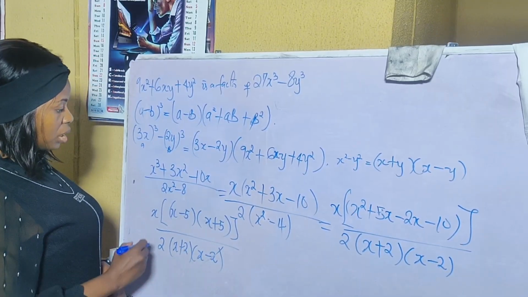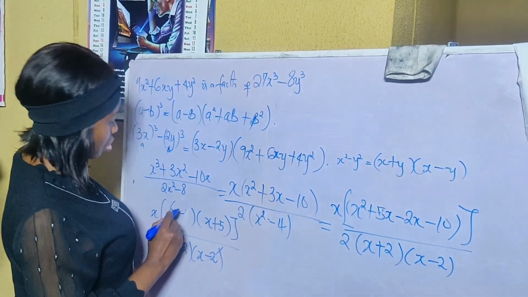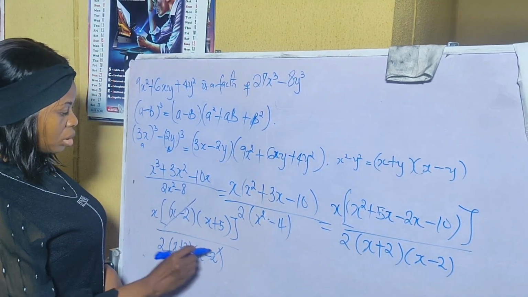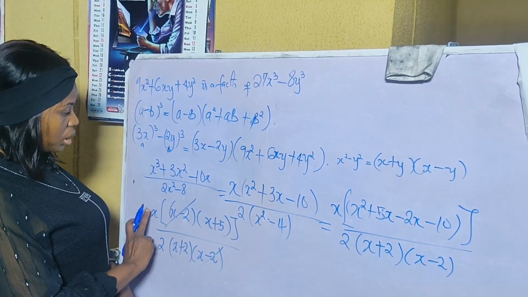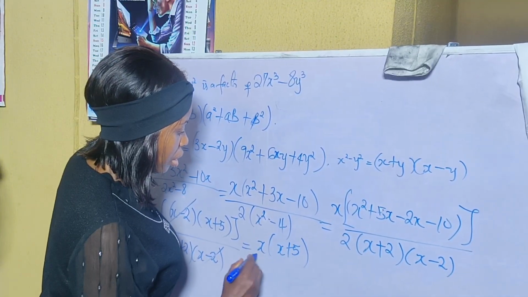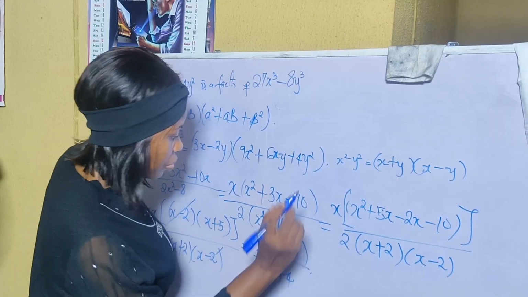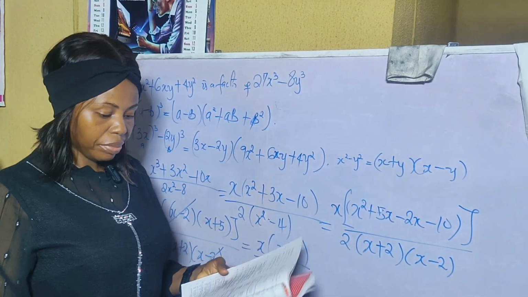We can see that this is common. What did I just do? This is x minus 2, not x minus 5. So this goes away. I'm left with x bracket x plus 5 all over 2x plus 4. So that's my answer.